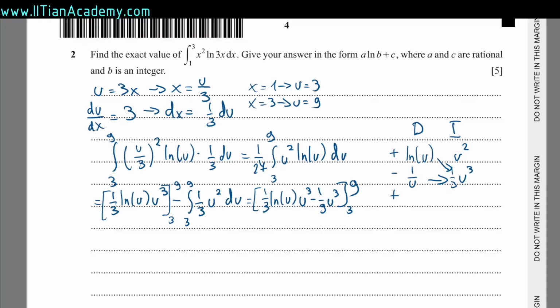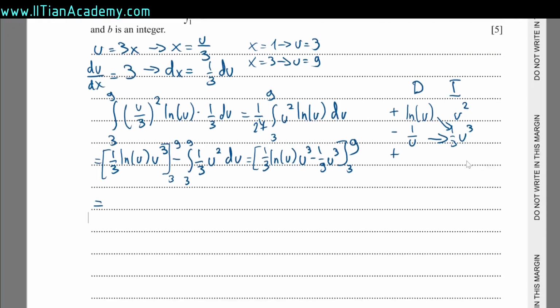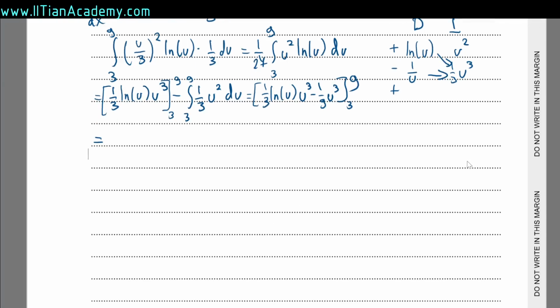Okay, so now we'll start plugging in. So this will be the tedious part, but we will do it regardless. And of course, let's not forget that there's a 1 over 27 multiplier in front of these both, because that was over here and I just evaluated this integral.